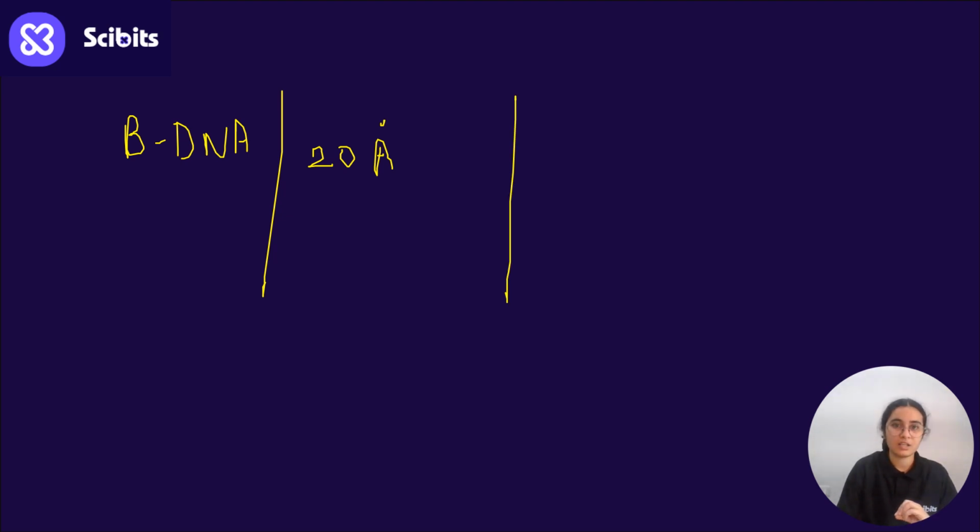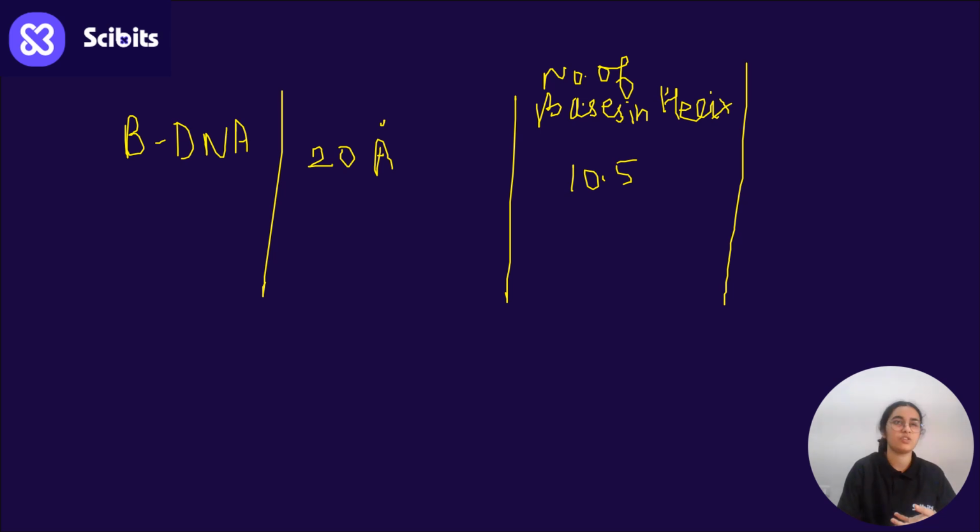So I will quickly tell you about B-DNA. The diameter of B-DNA is 20 Angstrom. The number of bases per turn of the helix is ideally 10.5, but sometimes in the question it is given as 10, so you can consider 10 as well.